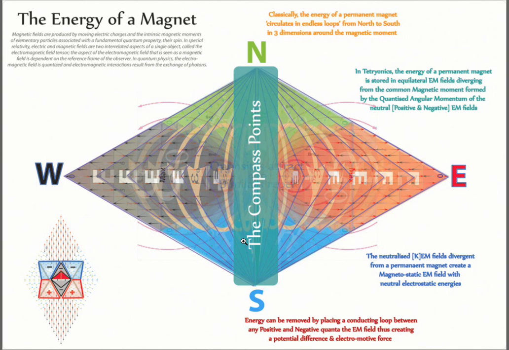So in the case of a bar magnet, which is historically viewed as being a magnetic field, it is now shown to be an electromagnetic field, with the electric fields and their energy momenta being neutralized. Their photon measurements are a longitudinal measurement as opposed to the transverse measurement of the magnetic field. And it's this geometry of the fields and their energy momenta within them that produces the forces on an electron in a conductive loop as it moves about the magnet.